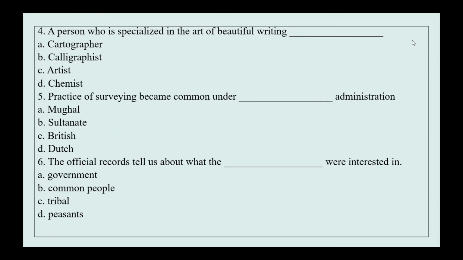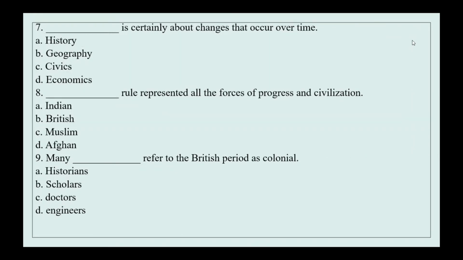Okay, fine. Next. The official records tell us about what the dash were interested in. Option A, government. Option B, common people. Option C, tribal. Option D, peasants. Which one is the right answer? Government. Okay. See, seventh question.